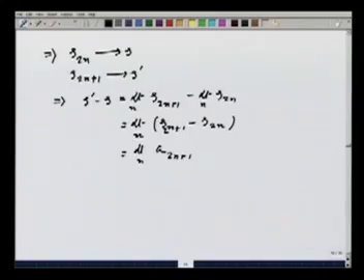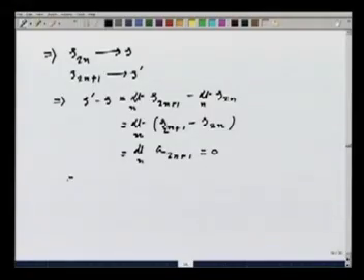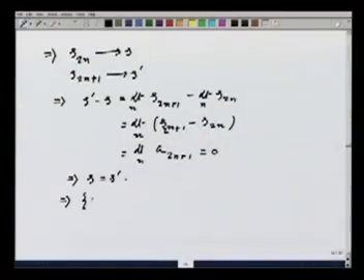Now there is another condition on the an's, that as n goes to infinity, an goes to 0. So as n goes to infinity, a2n plus 1 will also go to 0 because it is a subsequence of the sequence of an's. So this is 0. So this would then imply that s equals s prime. But since s is equal to s prime, this would then imply that the sequence of partial sums Sn converges to s, which is the same as s prime.